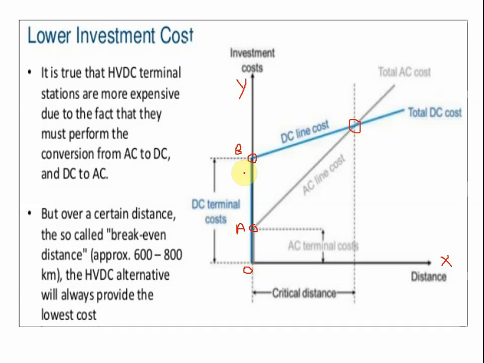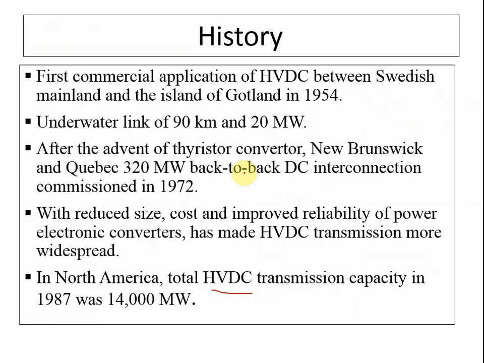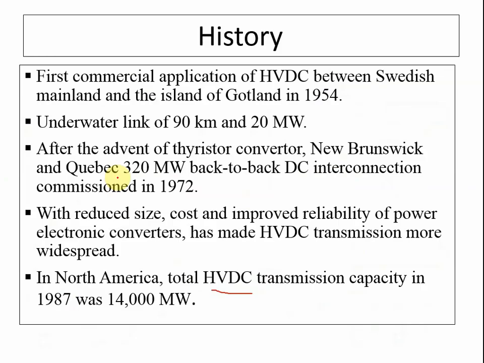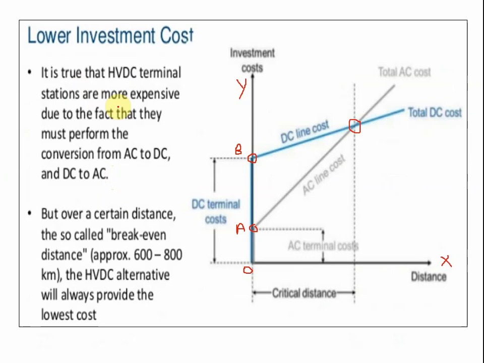Converter stations are expensive because we are implementing power electronics devices. At the converter station we convert AC power into DC and DC power into AC with the help of power electronics devices, that is, thyristor banks, thyristor valves, and smoothing reactors. These are costly, so the initial cost of DC transmission systems is high as compared to AC. That's why this graph starts from here.